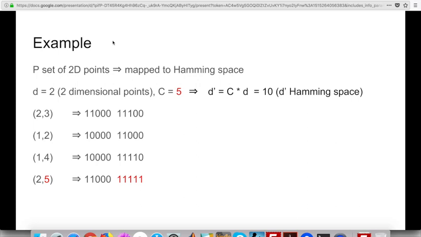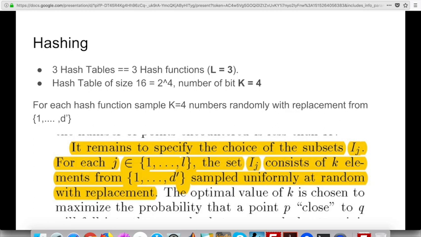Once the points are mapped to the Hamming space, we need to set the number of hash tables that we're going to use. In this example, I'm going to use 3 hash tables, which is equivalent to saying that I need 3 hashing functions, 1 for each table. I'm going to set the hash table size to be 16 entries, which is 2 to the power of 4.